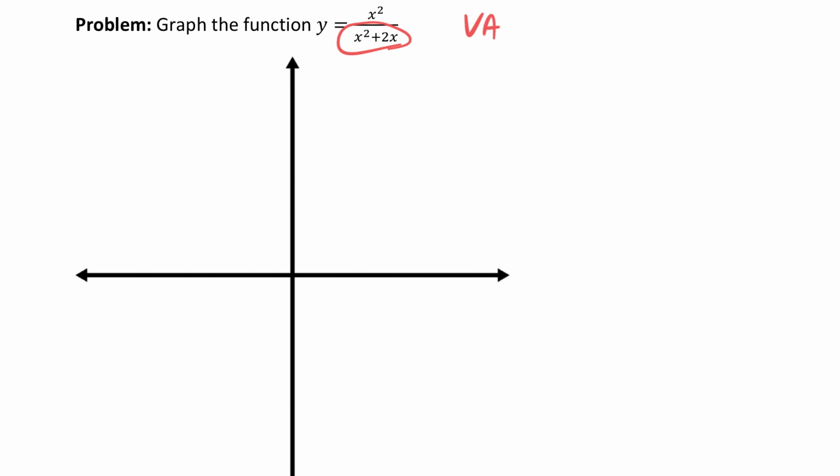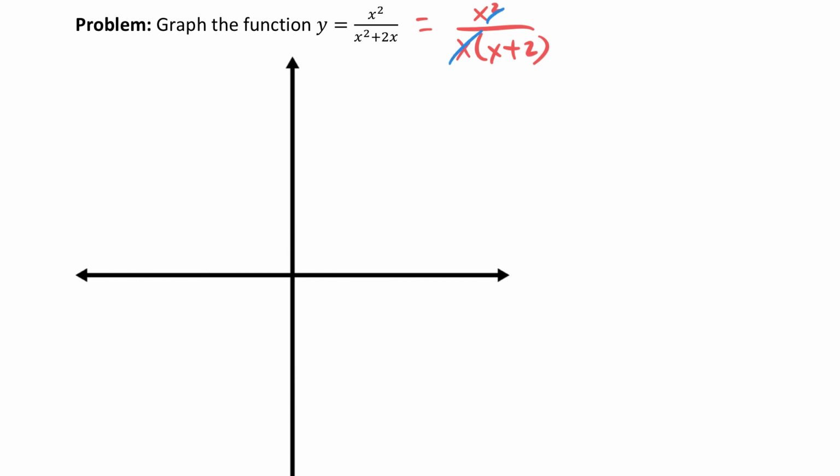So the vertical asymptotes would be, well, we have to factor this, so x plus 2. Vertical asymptotes are any values that make the denominator 0 that don't cancel out with the numerator. So, maybe we should do some simplification here. Let's go ahead and take our function and write it as x squared over x times x plus 2.